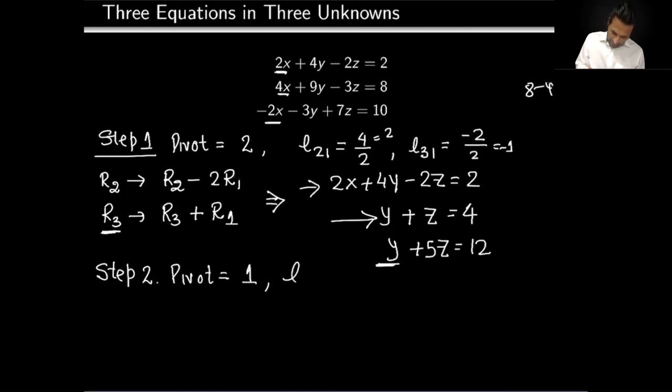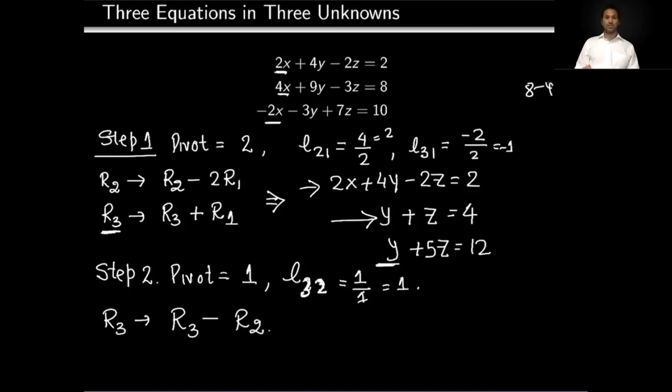So the multiplier 3,2: the entry to be eliminated is a 1, the pivot is a 1, so the multiplier is a 1. So we operate on R3: R3 minus 1 times R2.